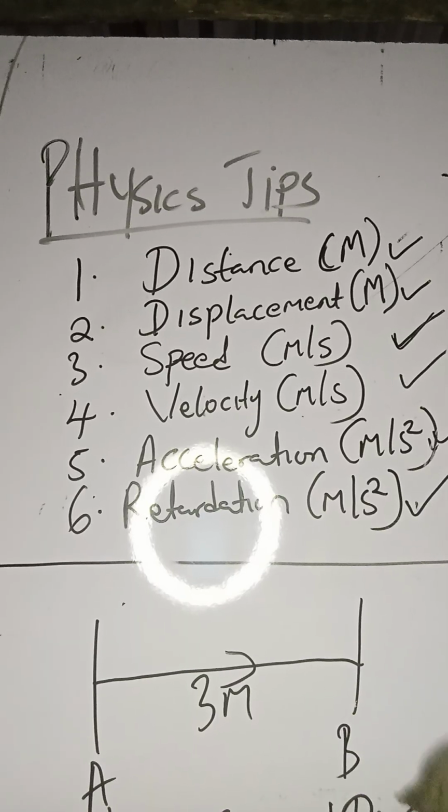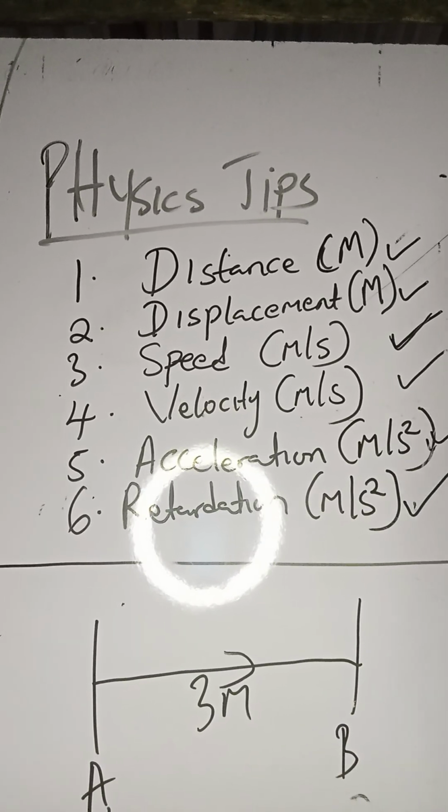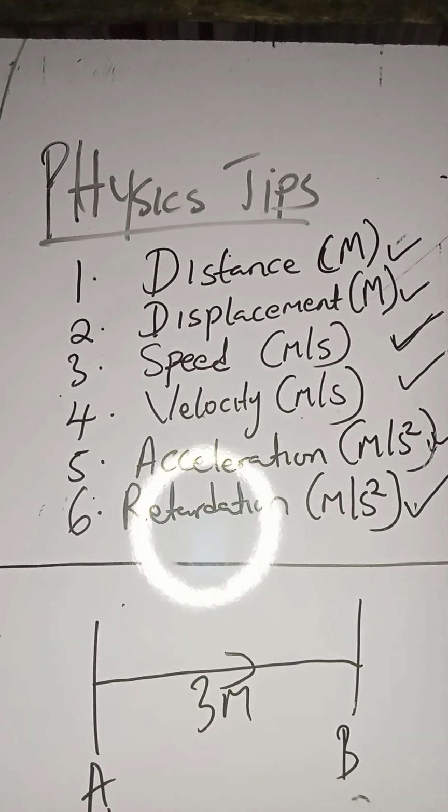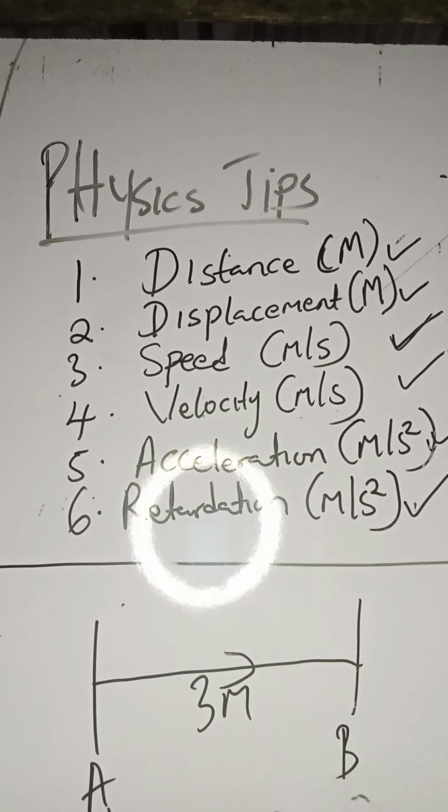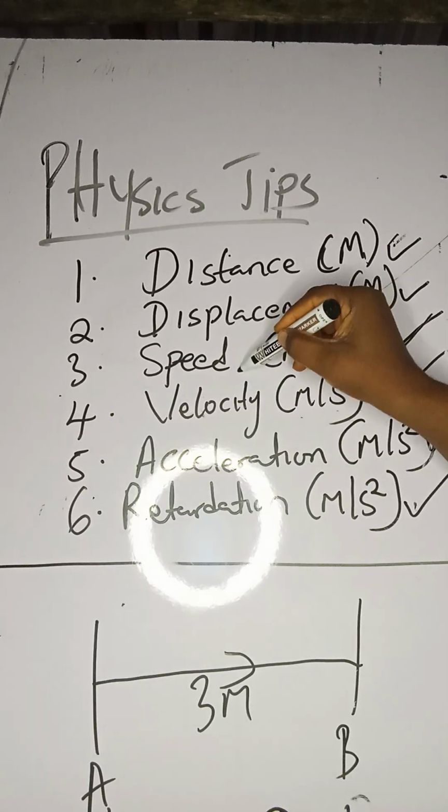Then we go to the third point, the speed. Now, what is the speed? When we get the value of the distance measured between the 2 points, dividing it by time. In other words, distance divided by time. If I take distance and divide it by time, I get speed.